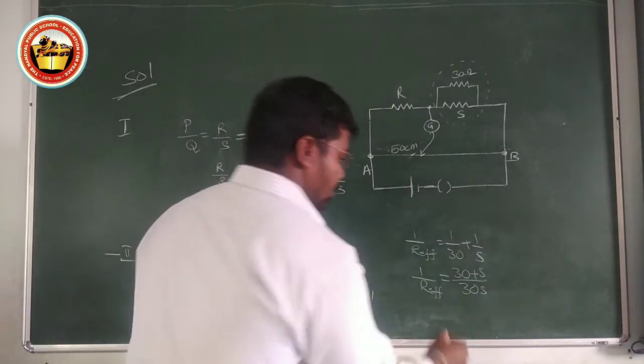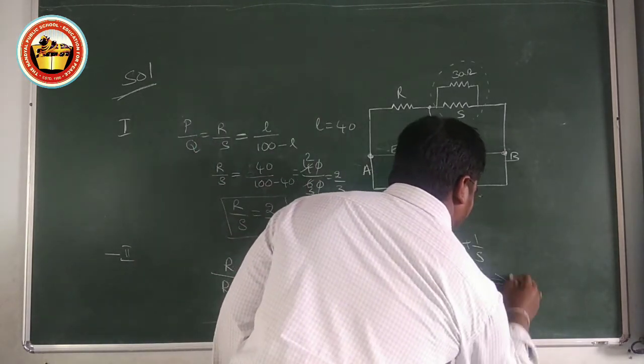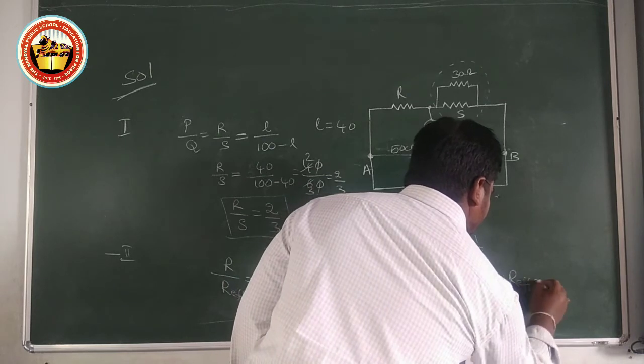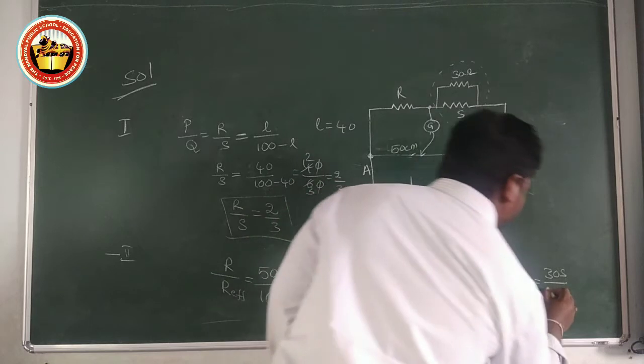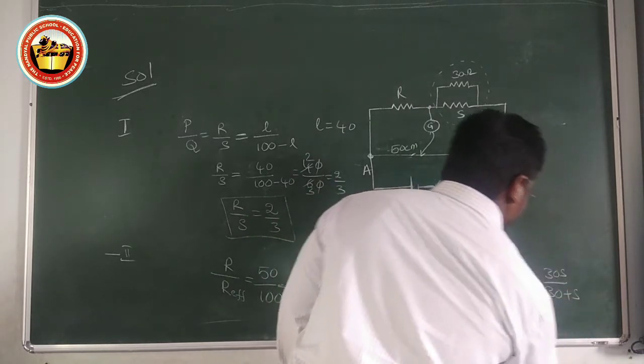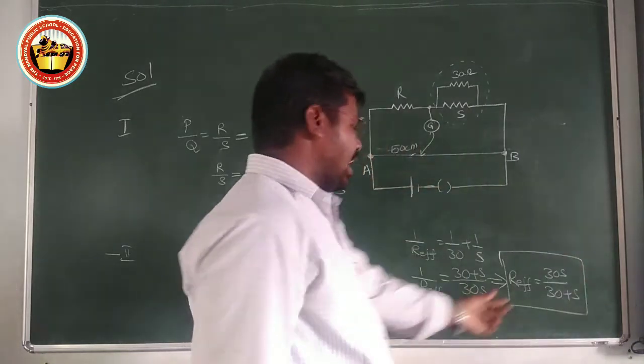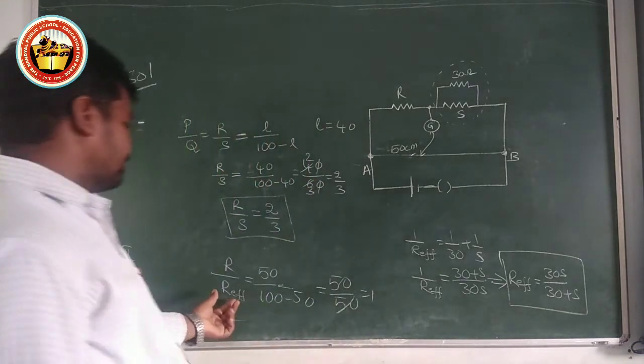R effective is equal to 30S divided by 30 plus S.